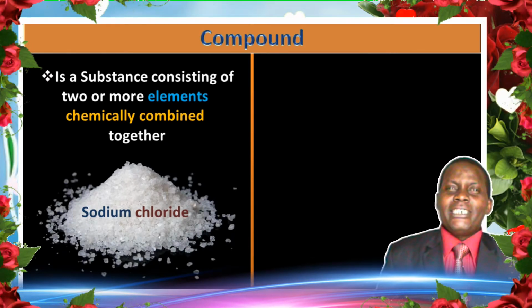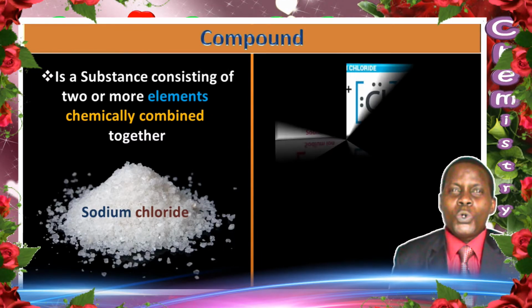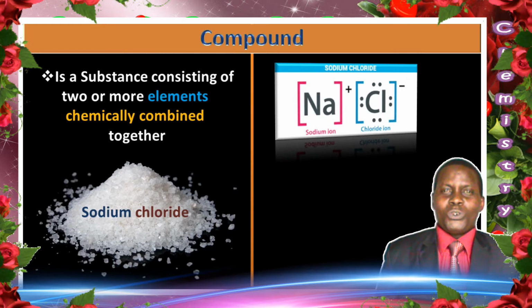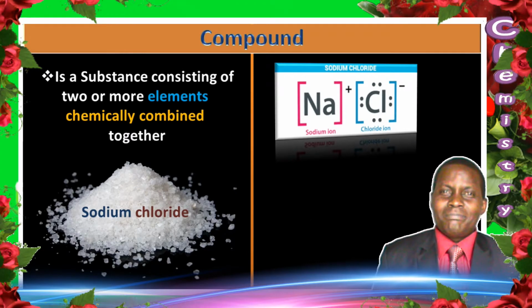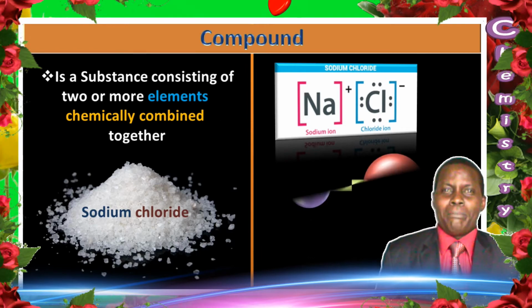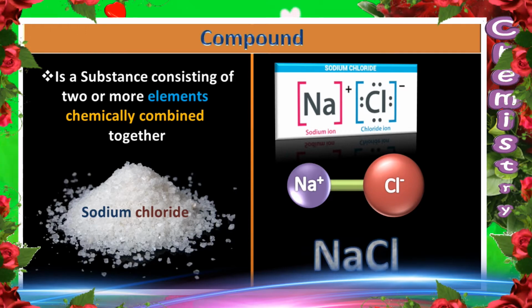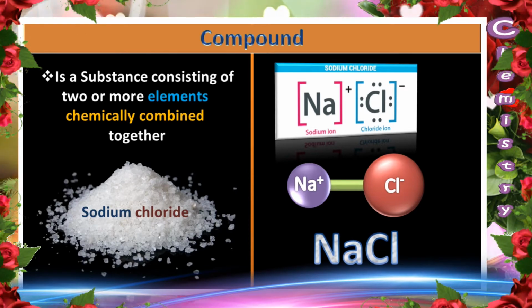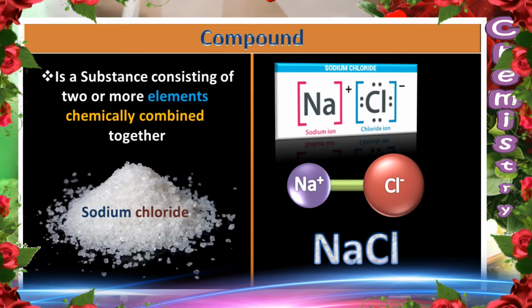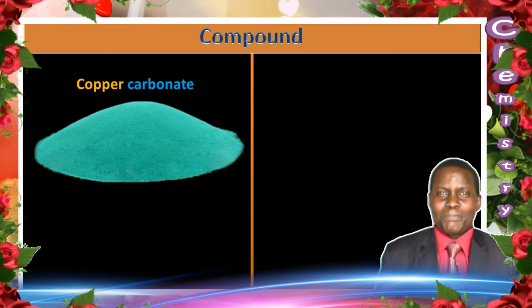Examples of compounds: we have sodium chloride. Sodium chloride is a compound made up of two elements, which are sodium and chlorine. These two elements are chemically combined together and they form what we call sodium chloride. We have copper carbonate.